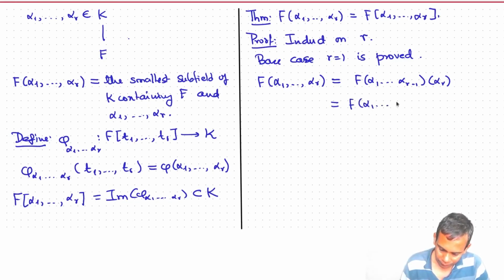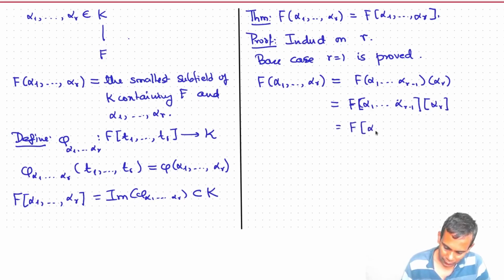But by induction hypothesis, this here is F[alpha 1, ..., alpha r minus 1], and of course applying the base case, this is the same as polynomials in alpha r. So this whole thing is in fact a field, and it is the same as F(alpha 1 up to alpha r).